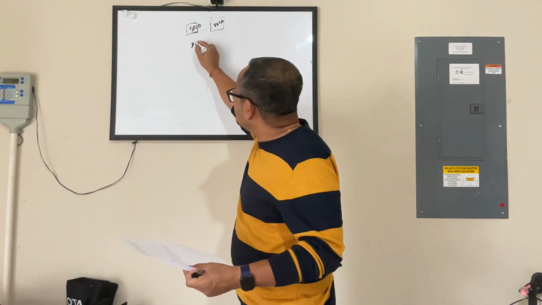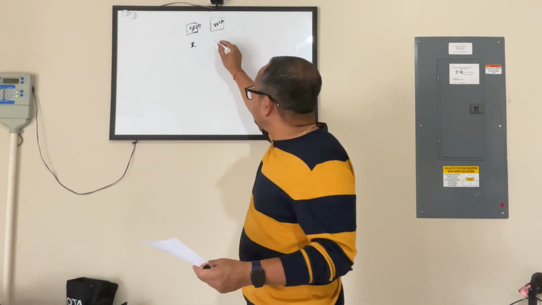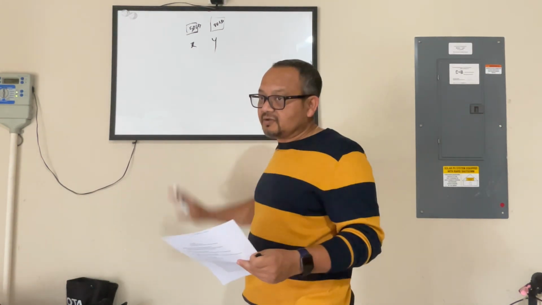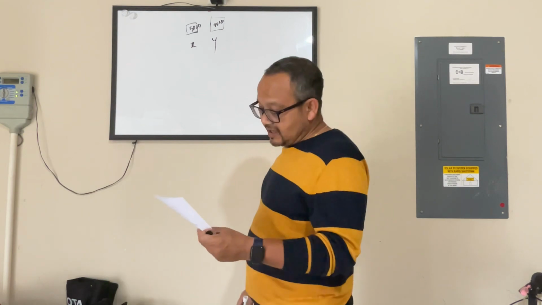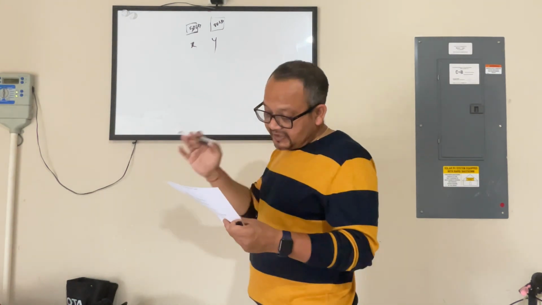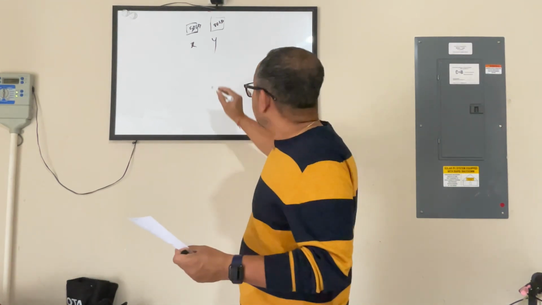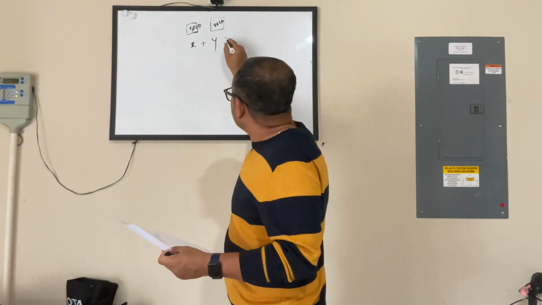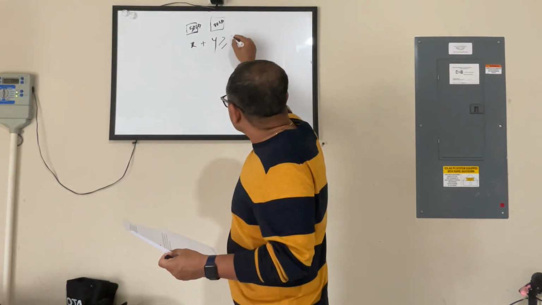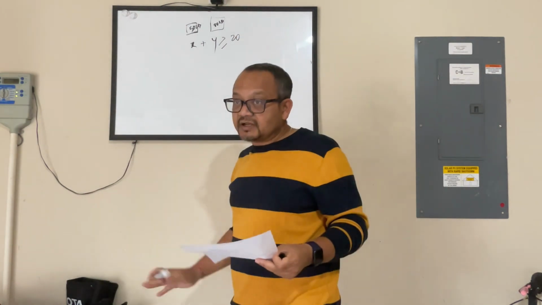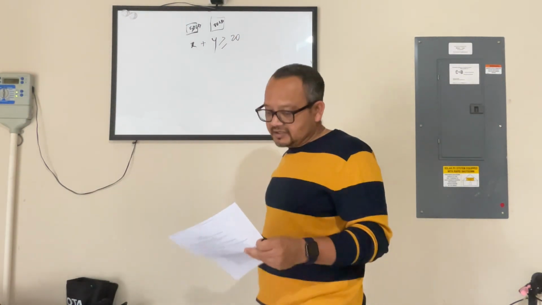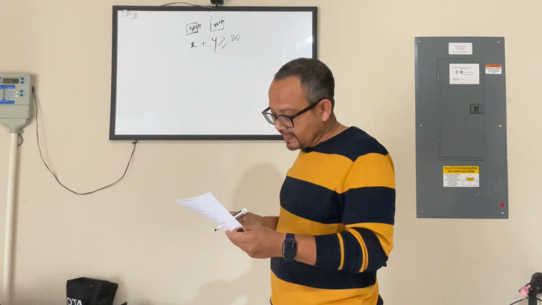So there are some packages of this size and some of this size, and this plus this has to be at least 20. It can be more than that, but it cannot be less than that. The van cannot go empty.